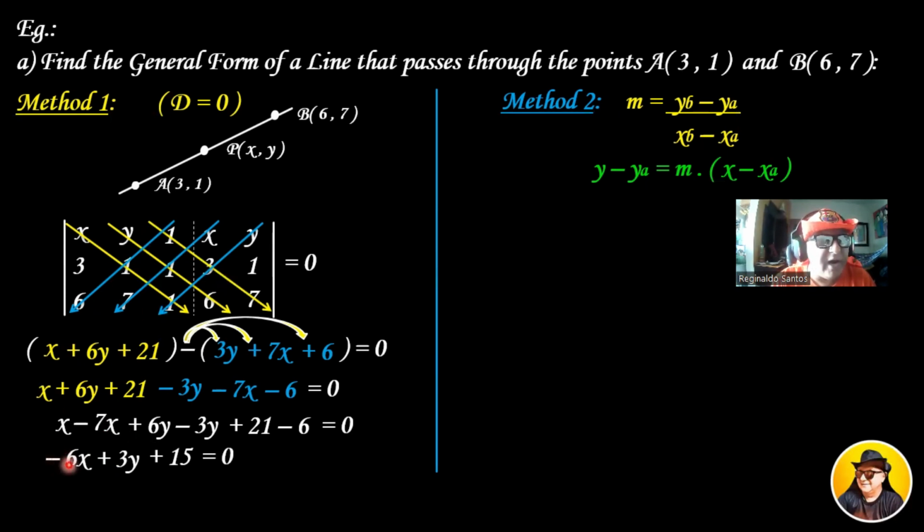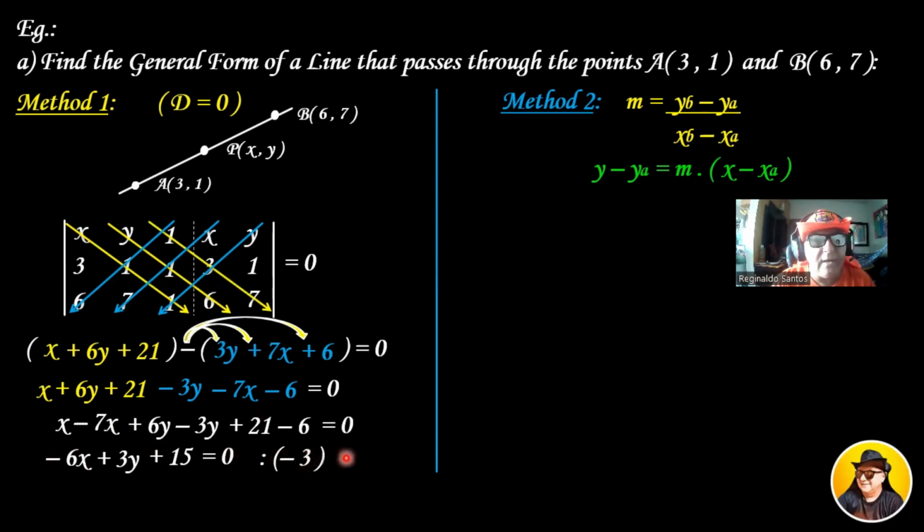So I realized that 6, 3, and 15 can be divided by 3. And since I want to change that negative sign here, I divide the equation by negative 3. Minus and minus is plus, minus times plus is minus, and minus times plus is minus.